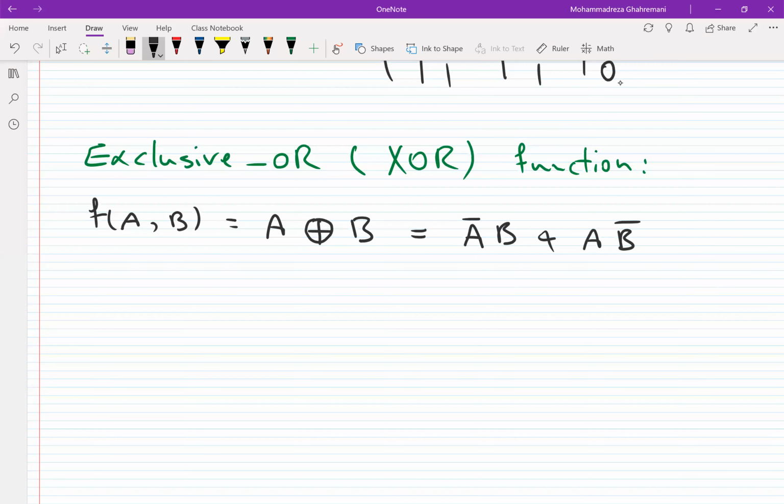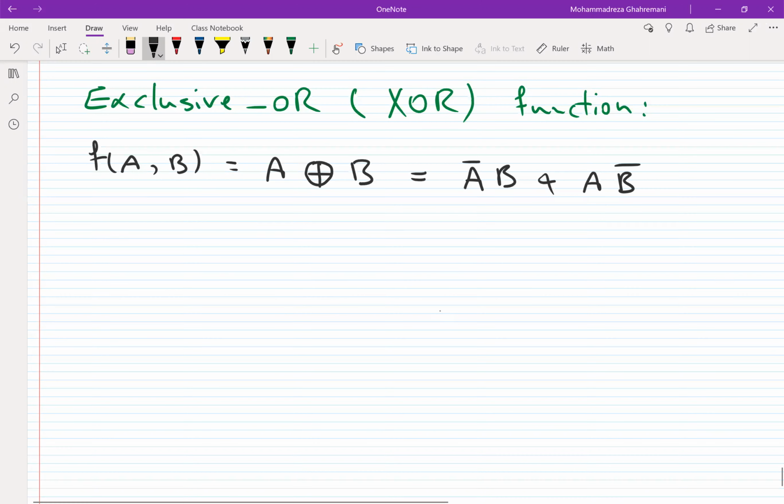It has one output, and the output is one if an odd number of the inputs are one. So the output of XOR gate is one if and only if an odd number of the inputs are equal to one. Let me write it down for you.